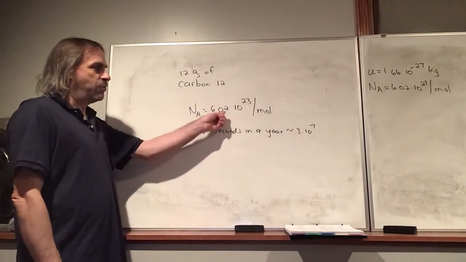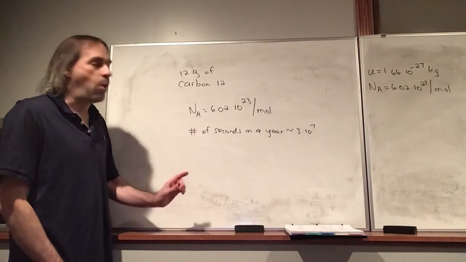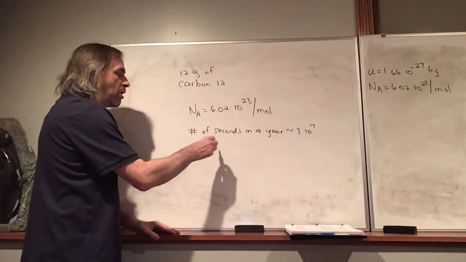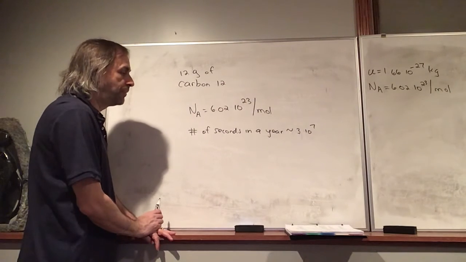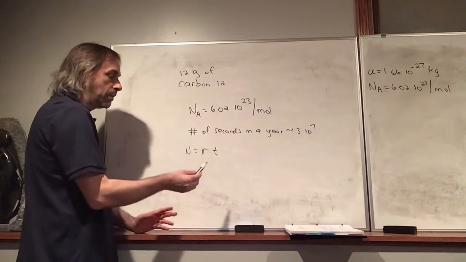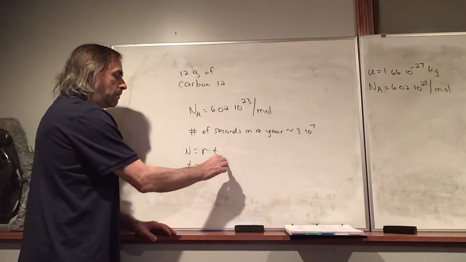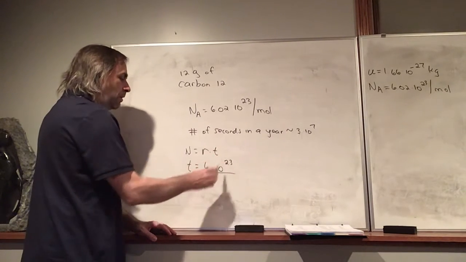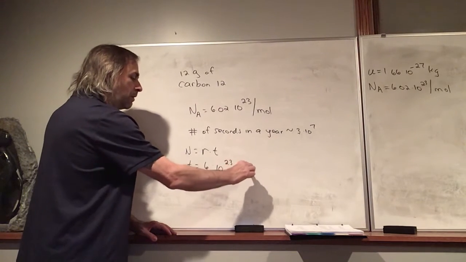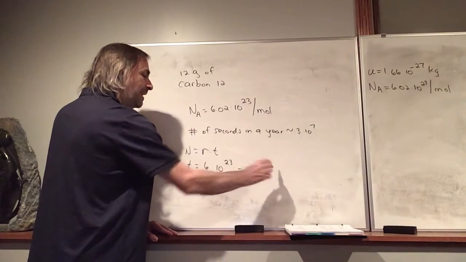So if you wanted to count a number like this, a good way to think of it is you could count at a rate of 1 per second. The number that you count would be the rate that you count times the time. So the time to count a number like this, divide by the rate, that would be 3 times 10 to the 7th. 2 times 10 to the 16th power.